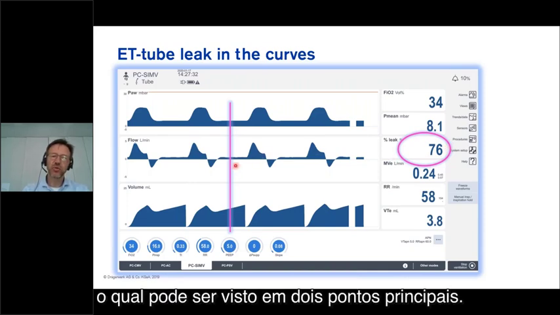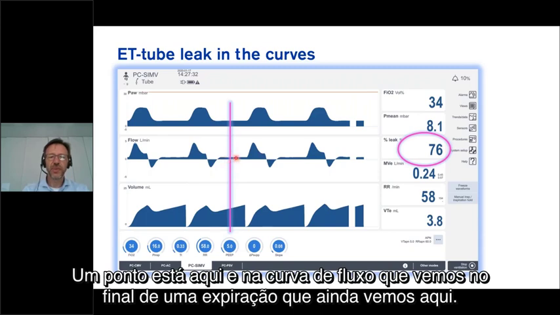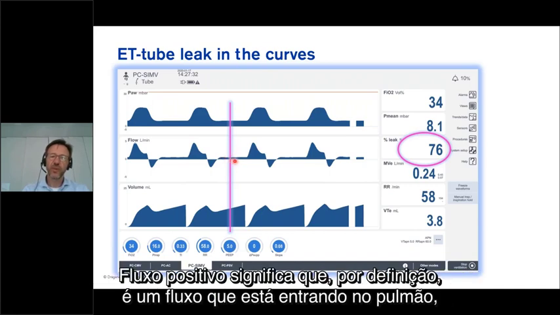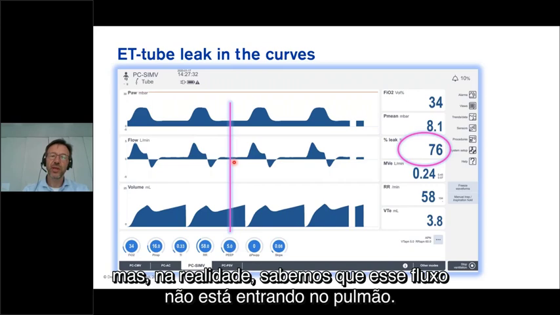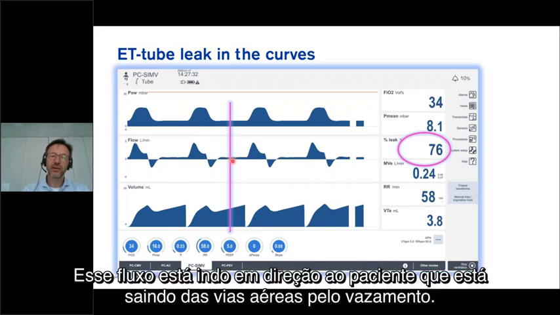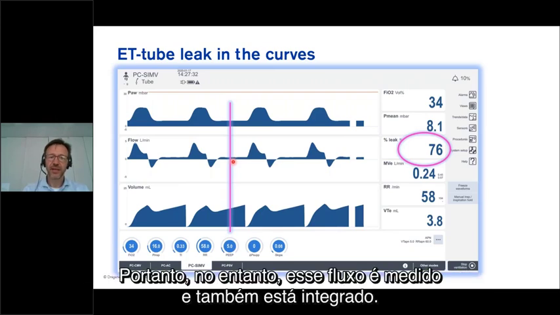Mainly in 2 points. The one point is here in the flow curve. We see at the end of an expiration that we still see positive flow. This is, per definition, a flow which is entering the lung. But in reality, we know that this flow is not entering the lung. This flow is going towards the patient, but is leaving the airways through the leak. However, this flow is measured and it's also integrated.